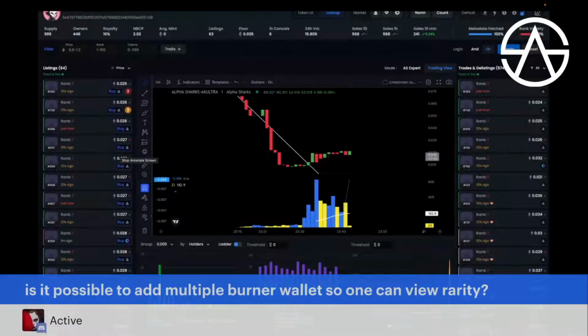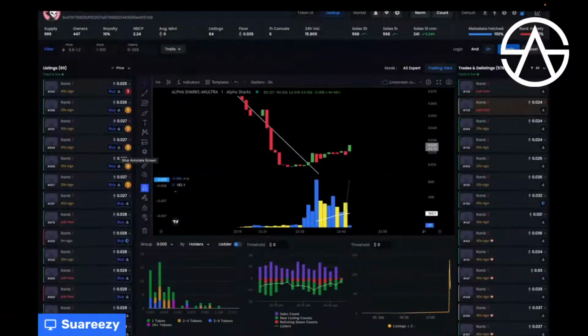Active asks, is it possible to add multiple burner wallets so one can view rarity? Why would you need multiple burners so you can view rarity? I'm not sure if I'm understanding that one, Active.